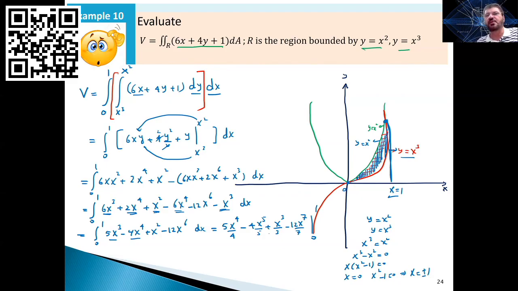And this is from 0 to 1. What do we plug first? We plug the 1. So you have 5 over 4 minus 4 over 5 plus 1 over 3 minus 12 over 7. Of course, minus the 0. Now, I don't know what this is. I leave this one for you to simplify and get the answer.